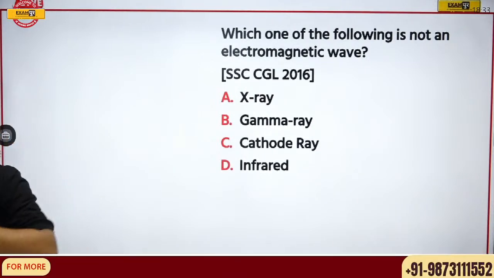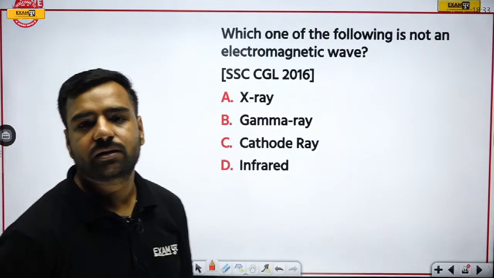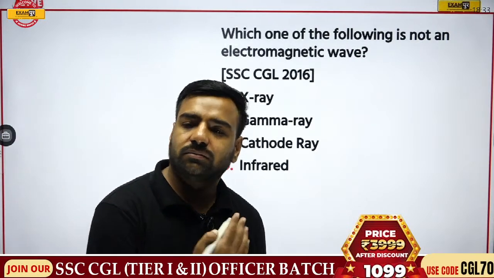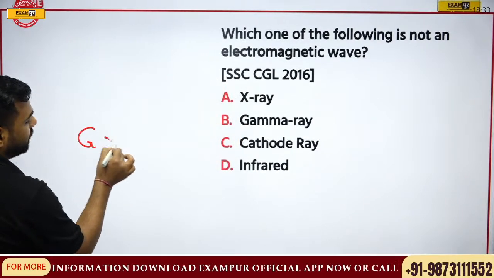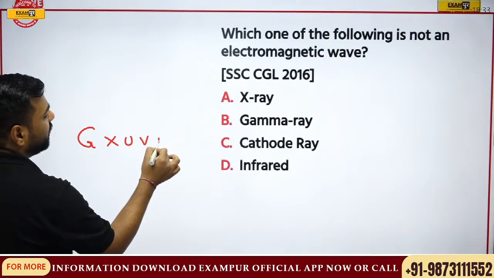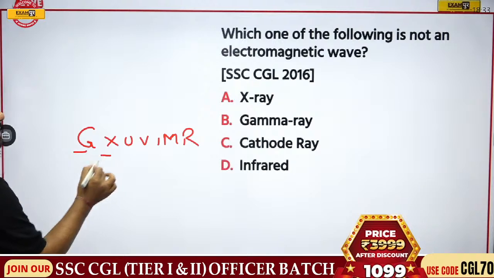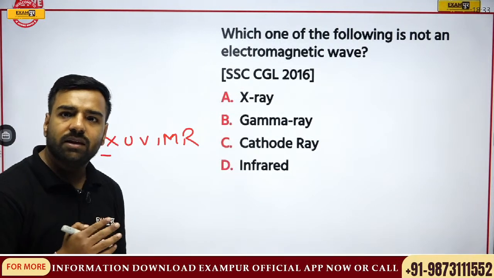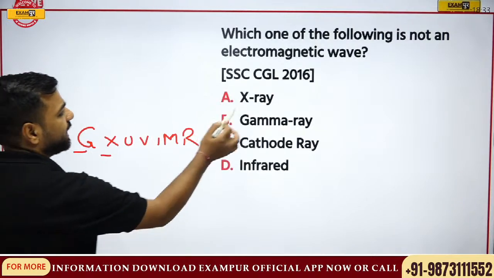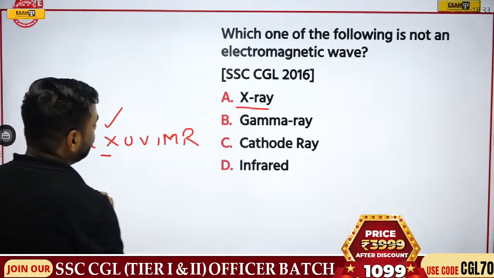Do you remember the electromagnetic spectrum? If I talk about those EM waves, how can I get the answer? We have G, X, U, V, I, M, R. Remember? Gamma ray, X-ray, ultraviolet ray, visible ray, infrared ray, microwave, radio wave. Now if I go with these options, X-ray, is it present here? Yes, it is present. Gamma ray, yes. Cathode ray, I cannot find.